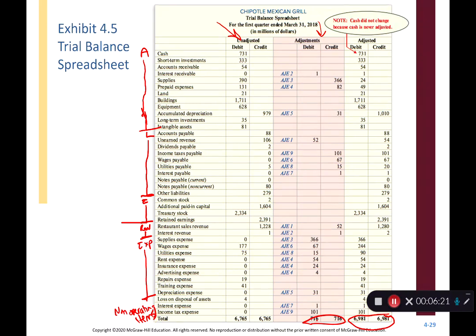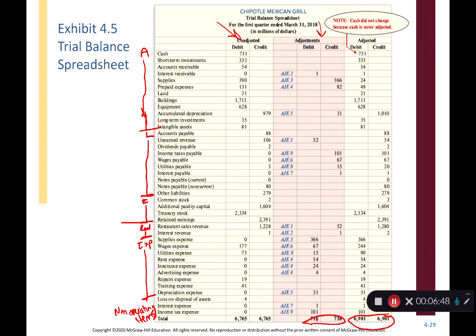In addition, under assets, you'll notice that they're in order of liquidity, cash being the most liquid because it's already cash, and then short-term investments, receivables, and then inventory would go next. In this case, they only have supplies, not inventory, and then all of our other current assets, in this case, prepaid expenses, then long-term. Then for account payable or liabilities, we start with account payable, then our other current liabilities, then our long-term, and then we have equity.